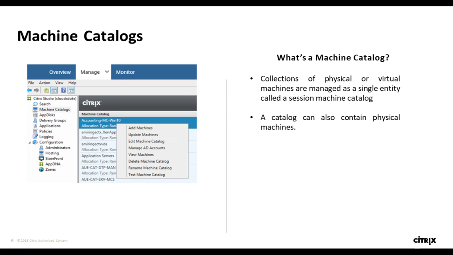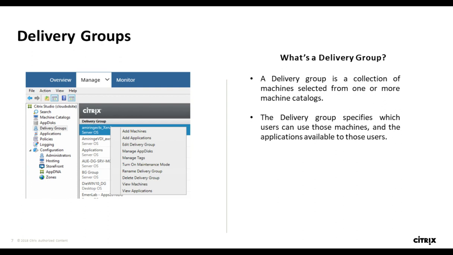Also, in addition to virtual machines, don't forget that the catalog can also contain physical machines. After you create a machine catalog, tests run automatically to ensure that it is configured correctly. When the test is complete, you can view a test report.